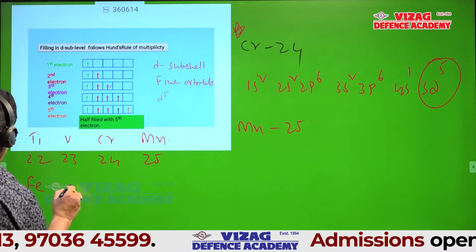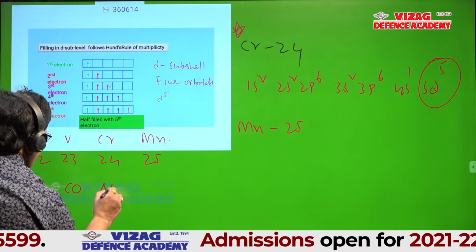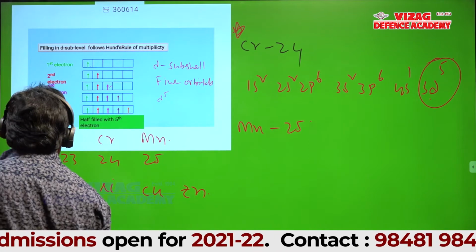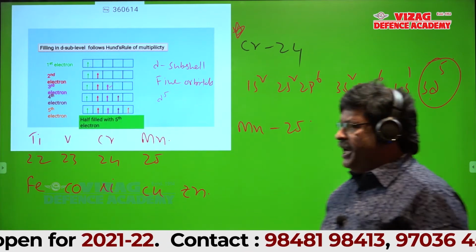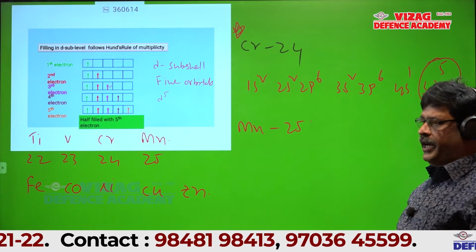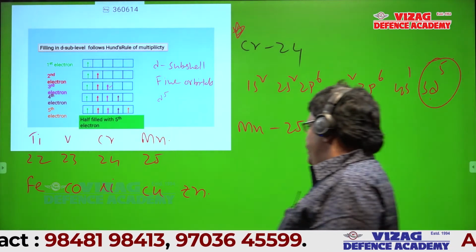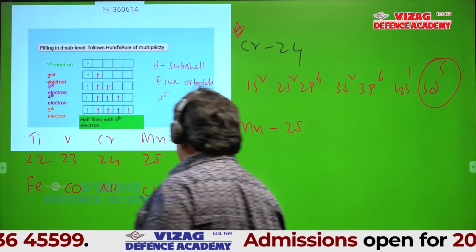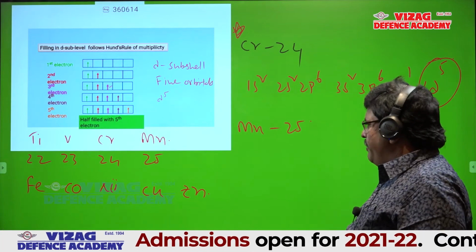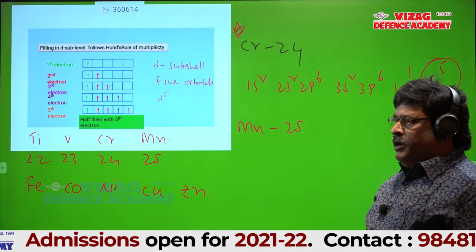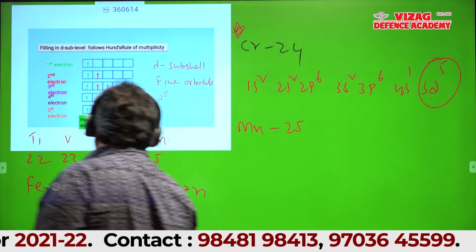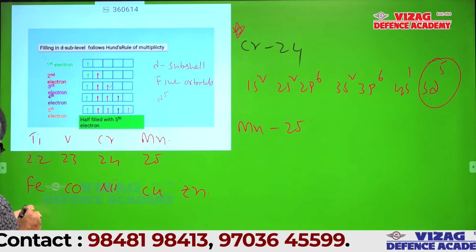Iron, cobalt, nickel, copper. After zinc, no need. These next 5 elements, including manganese, make 6 elements. Write manganese, iron, cobalt, nickel, copper, zinc. Write the configurations of these 6 elements.